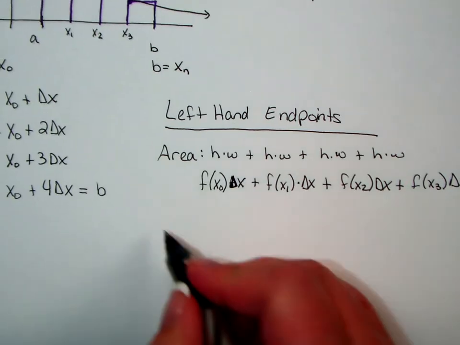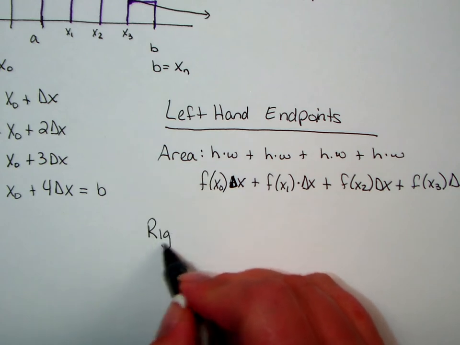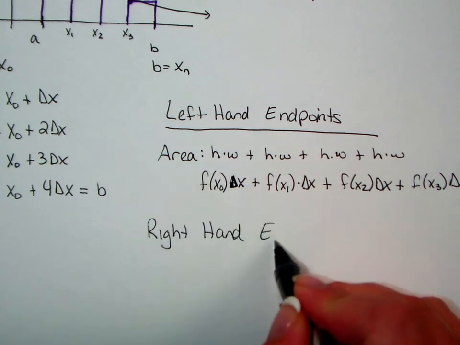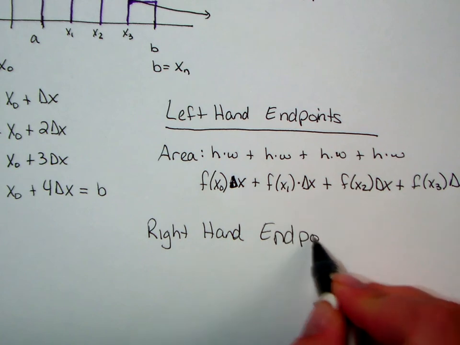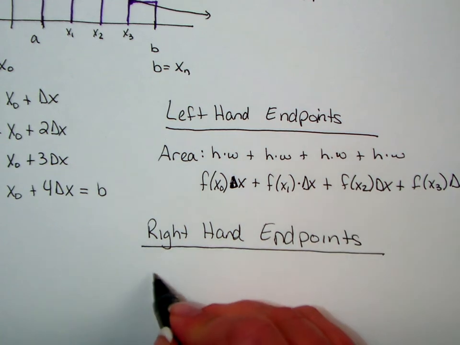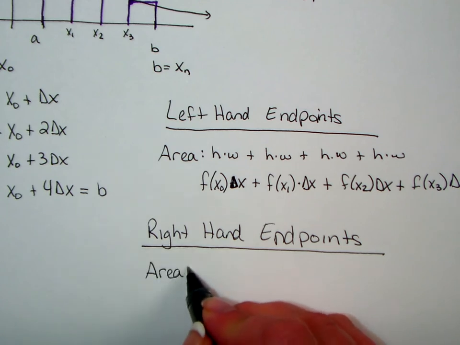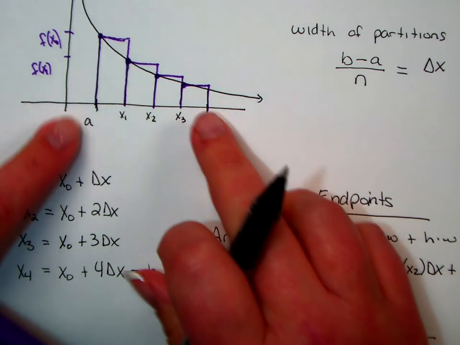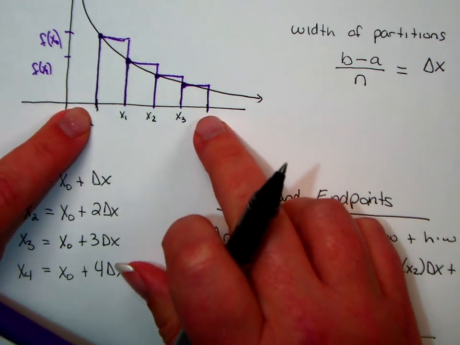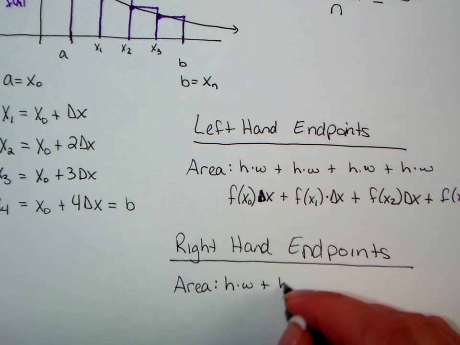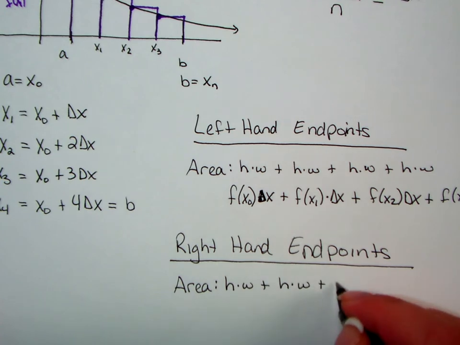So we can do right-hand endpoints. And so if I wanted to calculate the area using right-hand endpoints, again, just for the sake of demonstrating, we split A to B into 4 rectangles. So we're going to do height times width of 4 different rectangles.